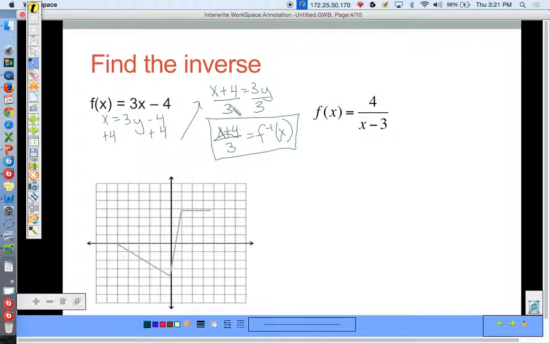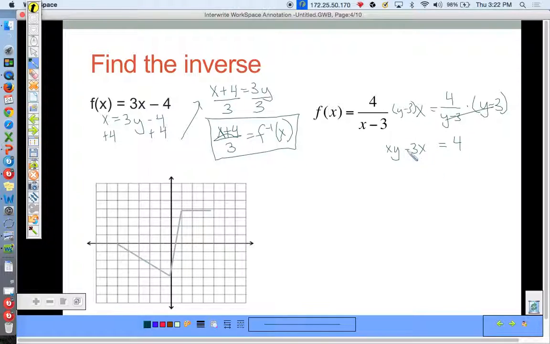Gets a little trickier when we have fractions, but we can start with that same process of reversing our x and y. x equals 4 over y minus 3. We can't have that y in the denominator, so we'll multiply each side by y minus 3. So now we have 4 over here. If we distribute, we have xy minus 3x.